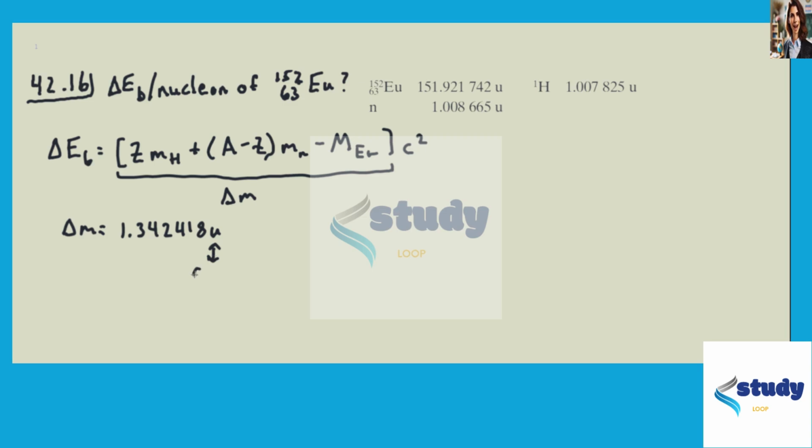One atomic mass unit corresponds to 931.49, etc., mega electron volts of energy, or you can think of it as being per c squared if you want to be careful.